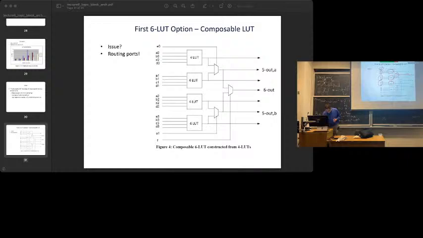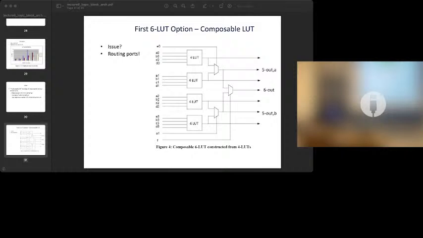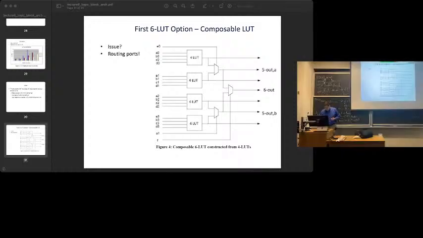And if I take one more input and bring it in, and it controls one last 2-into-1 mux, I have a 6 LUT output. Okay, so this composable LUT actually can do a lot of things. It can be a single 6 LUT, but it can also be 2 5 LUTs, or it can be 4 4 LUTs. Does it make sense?